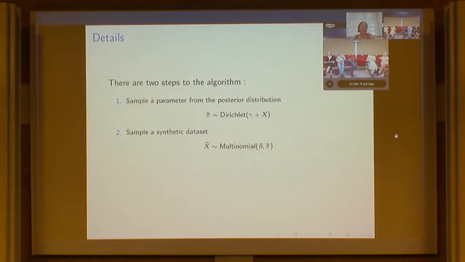So this is the algorithm. How do I get differential privacy? The theorem in the paper is that you get differential privacy if and only if the prior you put on pi, this gamma here, is bigger or equal to this value here, where epsilon is the level of privacy that you get. So you need to pick your prior depending on the privacy you want.